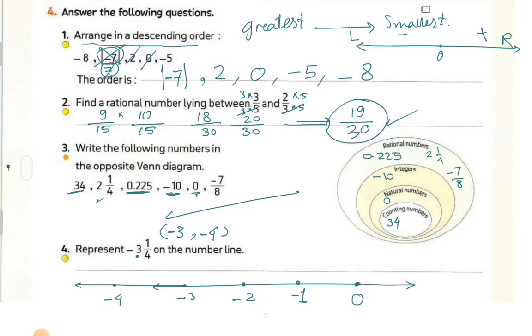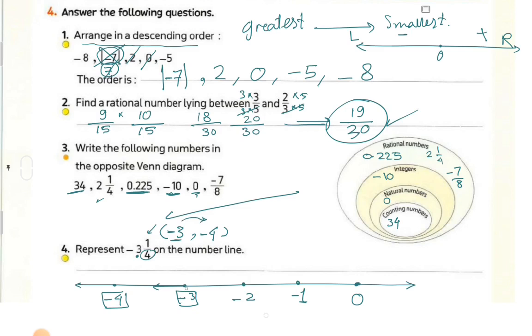So our rational number is in between negative 3 and negative 4. But I need to divide this space into 4 parts and just take one part after negative 3 going to negative 4.